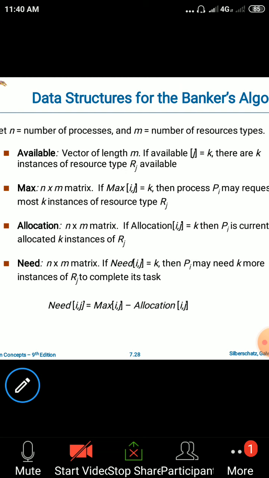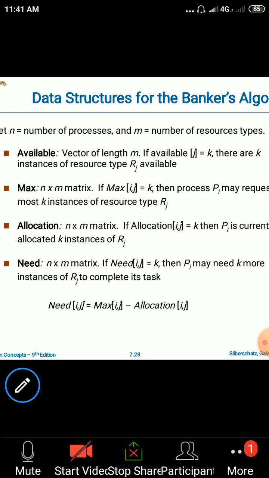Then available is a vector of length m. If available[j] is equal to k, then there are k instances of resource type rj available. Means what? As I said, 3 resource types are available: CPU, memory, and the IO device. So if 4 CPUs are available, then available[j] is equal to k, where k indicates there are k instances of resource type rj.